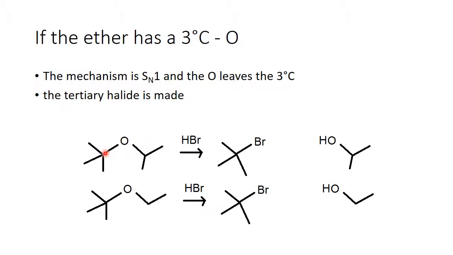That forms a carbocation here, and then the bromide adds there. So we get the tertiary halide. Even if one side is primary and this is tertiary, still the SN1 reaction is faster. So when this is protonated, the leaving group leaves and you make the alcohol, and then the bromide comes into the carbocation.